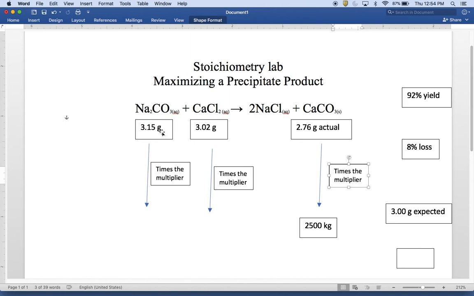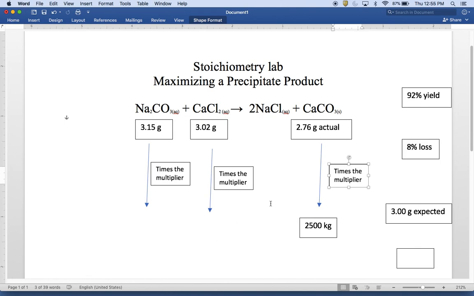Because you're starting from a smaller place to get to this, you're going to have a bigger multiplier. Therefore, that multiplier will work for this, and now you are inherently anticipating the loss, so you don't have to scale it up by that additional 8%.